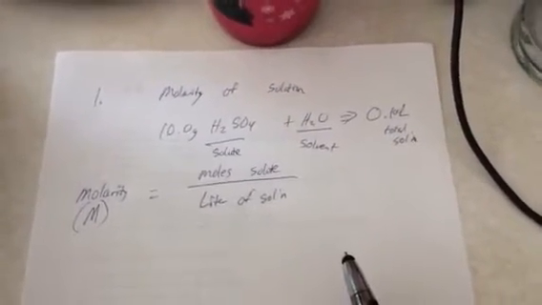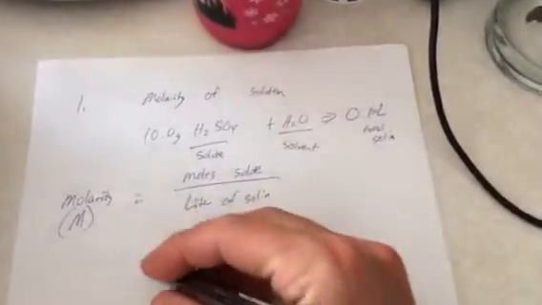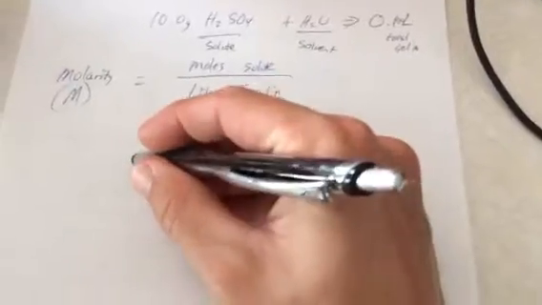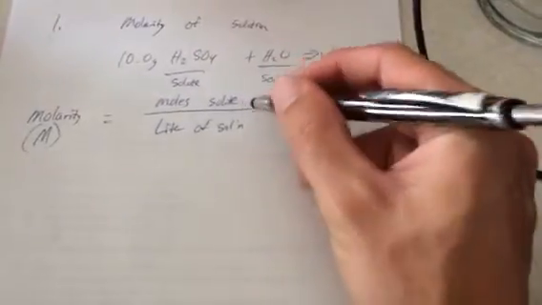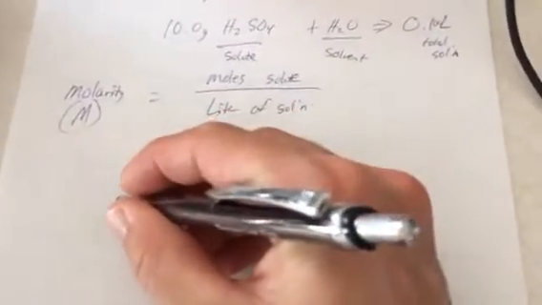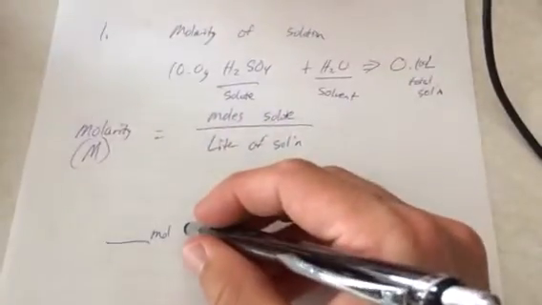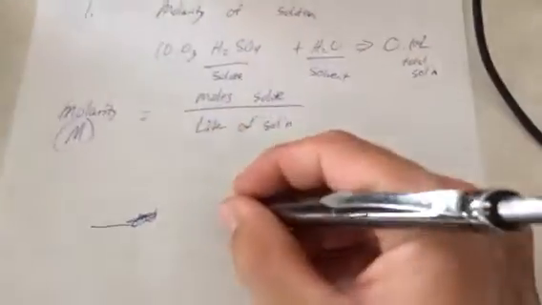So we need to figure out how many total moles of this sulfuric acid we've got. This is going to be a pretty basic chemistry equation. We'll figure out how many moles there are divided by the number of liters, which is 0.100 liters, and we'll have our answer. So I'm going to start off with grams.